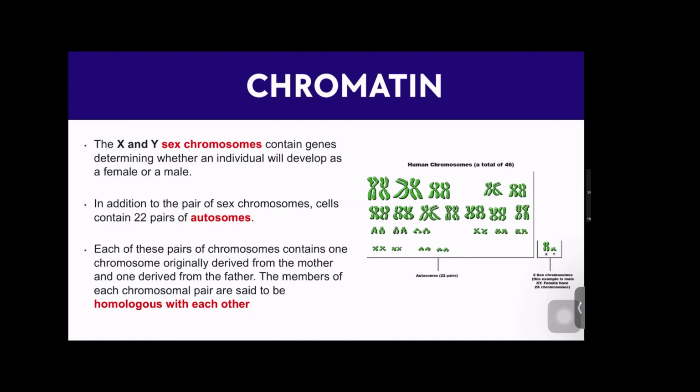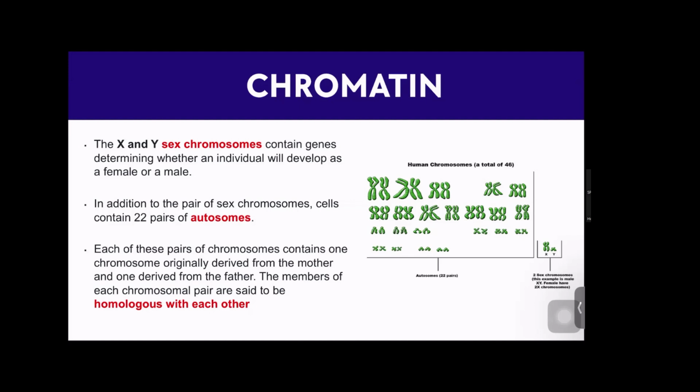Again, uulitin ko lang, in humans, we have a total of 46 chromosomes arranged in 23 pairs. Out of these, 22 pairs are autosomes. So meaning hindi sila nagdedetermine ng sex, while the remaining one pair consists of sex chromosomes. XX sa female at XY naman sa male.